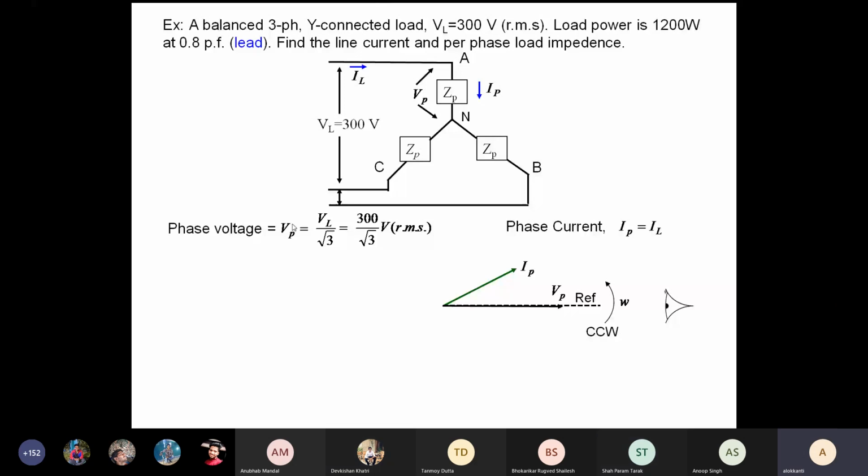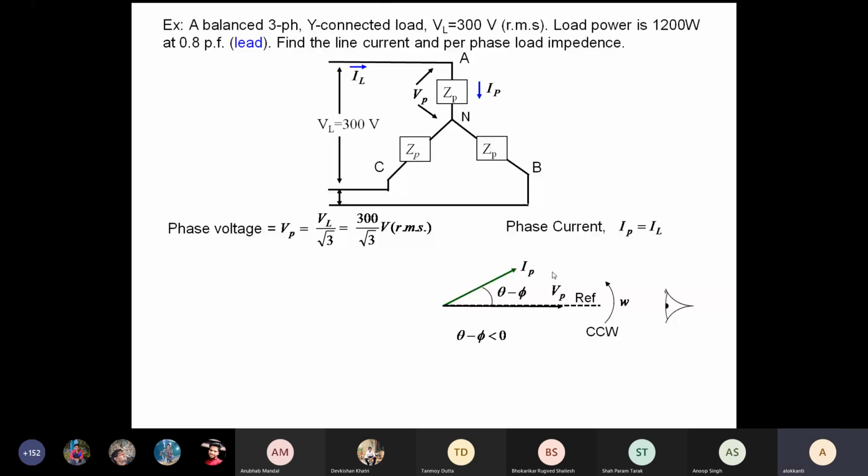So you see here, theta minus phi, according to the convention we have studied so far: we introduced the angle theta with the voltage and phi with the current, and theta minus phi was the angle between Vp and Ip. In this case, theta minus phi is less than 0.